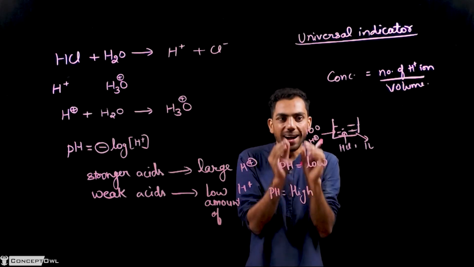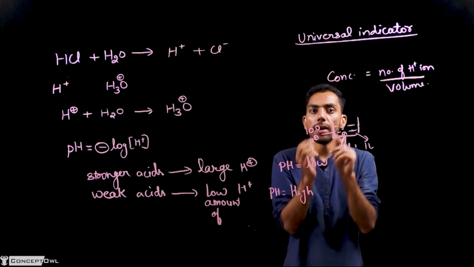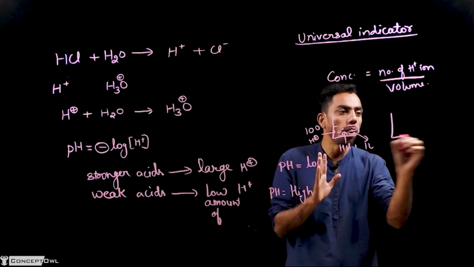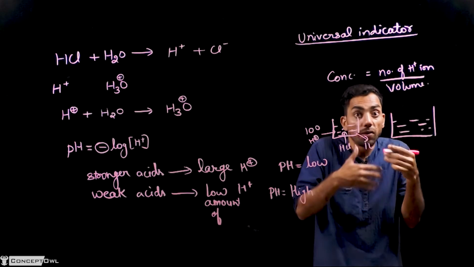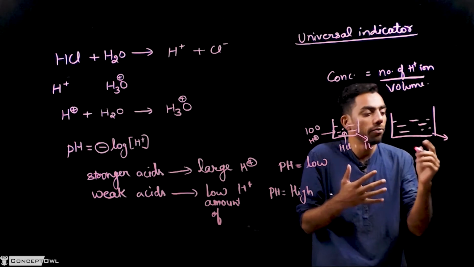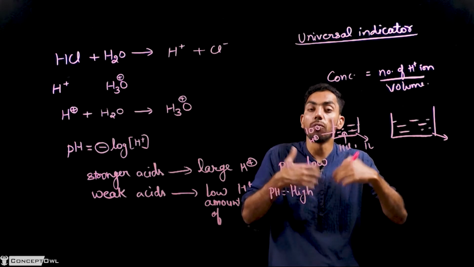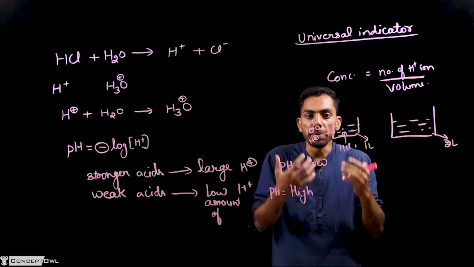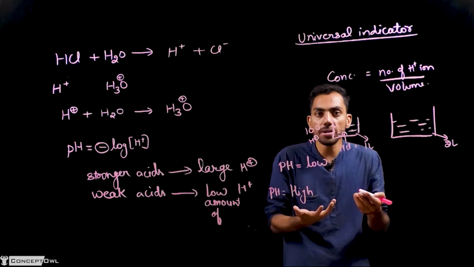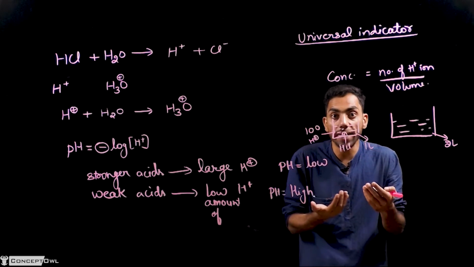So there are 100 H positive ions in 1 liter. Now on addition of water, volume will increase. So now we are assuming that we are adding 1 liter water. So now volume is 2 liter. And what will be the H positive ion amount?